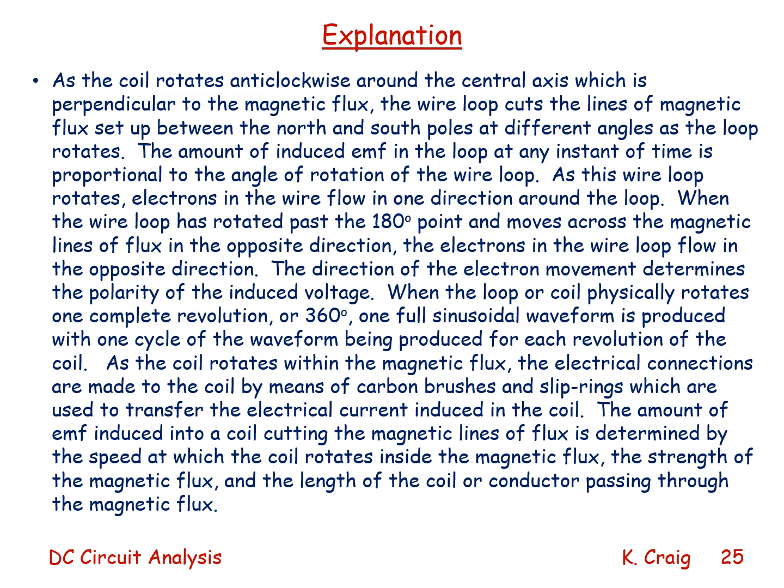The amount of EMF induced into a coil cutting the magnetic lines of flux is determined by the speed at which the coil rotates inside the magnetic flux, the strength of the magnetic flux, and the length of the coil or conductor passing through the magnetic flux.